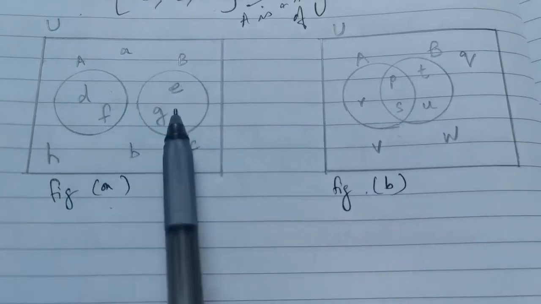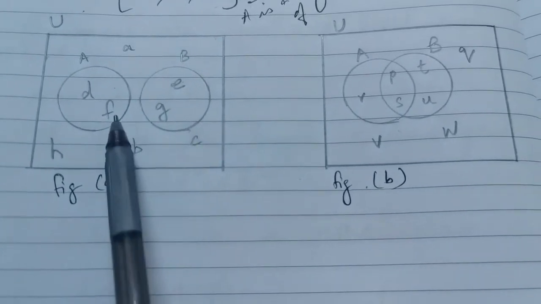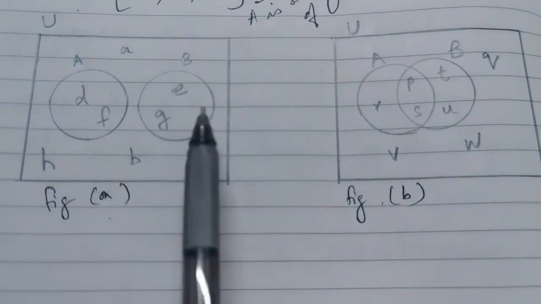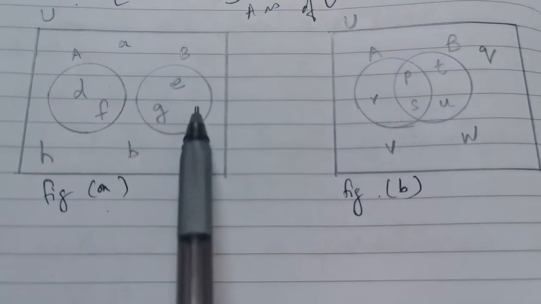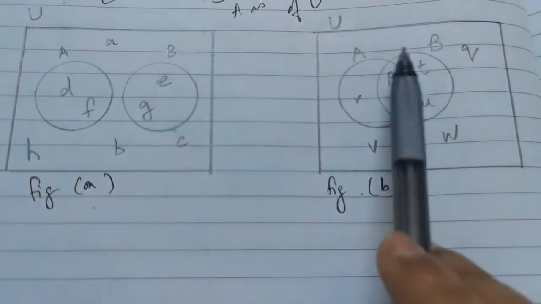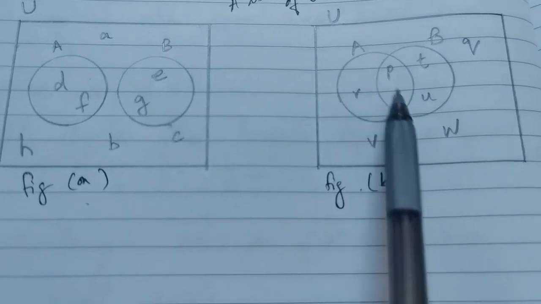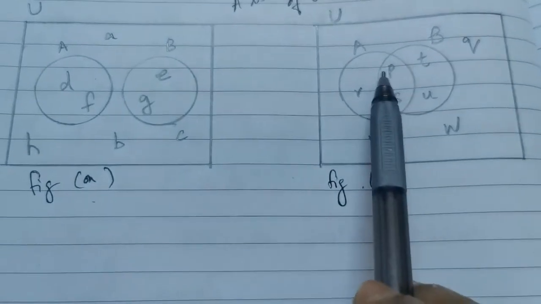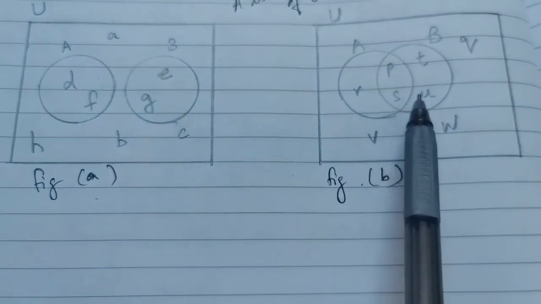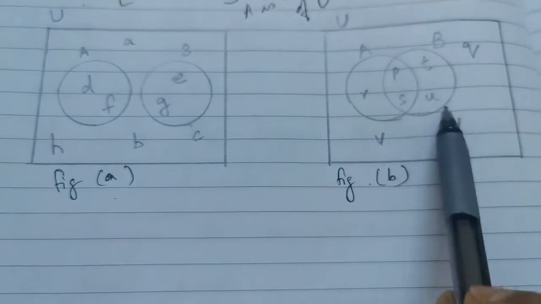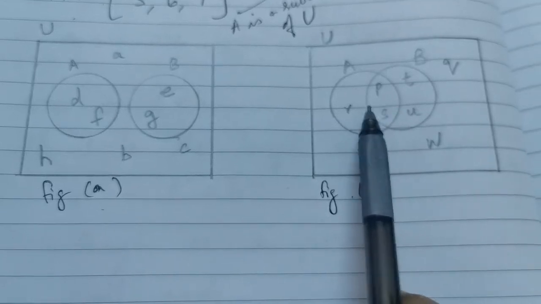In figure A, the set A and the set B do not have any elements in common. But in figure B, when you look into the intersecting part, there are the elements P and S. These elements P and S belong to both set A and set B. So this is the meaning of intersecting.